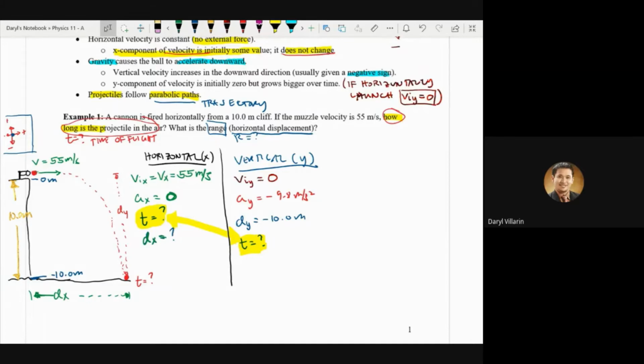If at least three quantities are given, you can use the displacement equation.